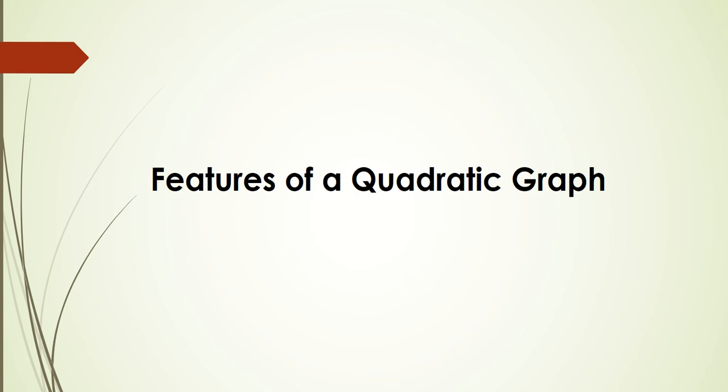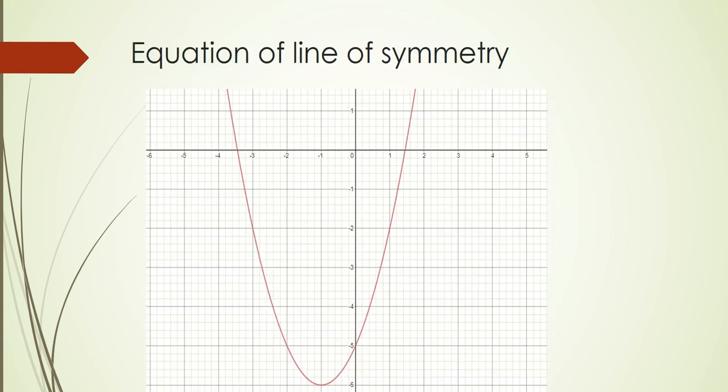Now there are some more features in a quadratic graph. Equation of line of symmetry. You know that line of symmetry is a line which divides anything into two exact halves. So if I want to make the half of the graph, where should I start from? This turning point is a very helpful point because it tells us that from here we can have our line of symmetry.